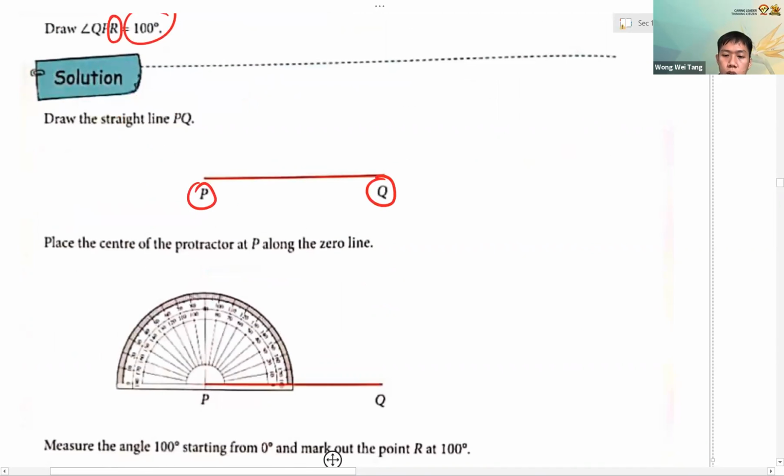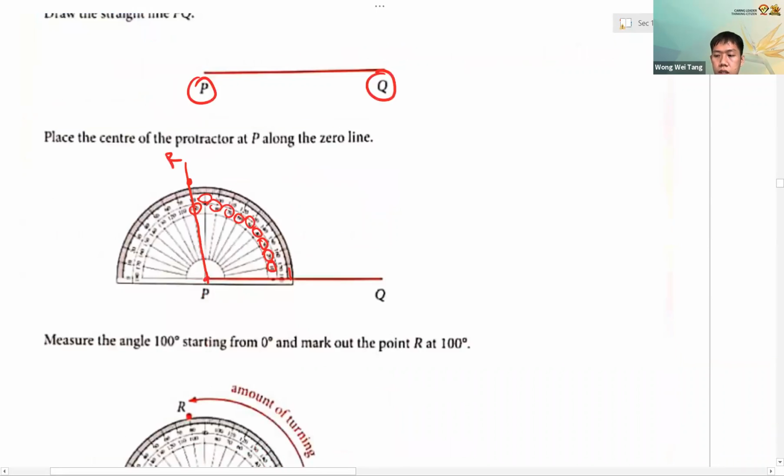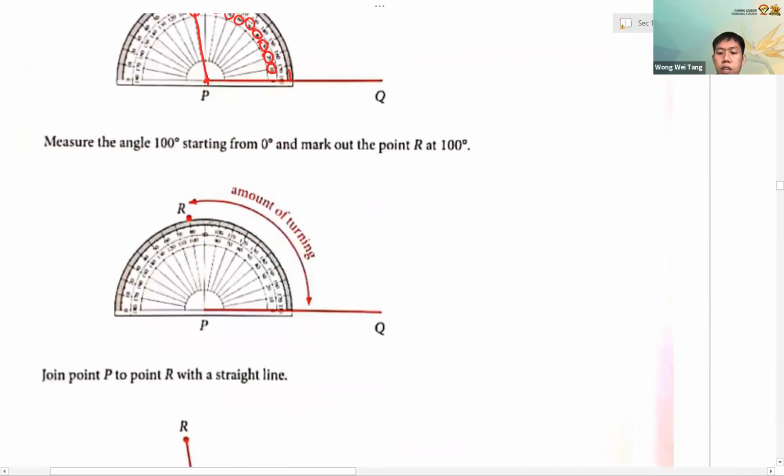So we place our protractor at the center, which is P, and we measure from 0, 10, 20, 30, 40, 50, 60, 70, 80, 90, 100. We put a mark over here, remove the protractor, join it up, and this will be our point R. Okay, as shown.